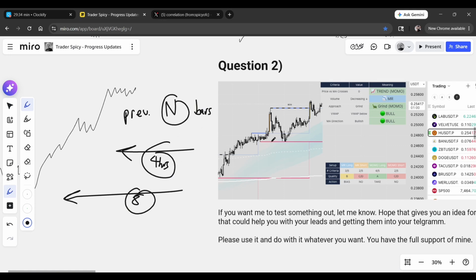So is n a static variable, like previous 4, previous 8? Or is n a dynamic variable, such as how many times has price crossed the moving averages since the regime began, or since something happened in the past, because that way this isn't always going to be a fixed value.